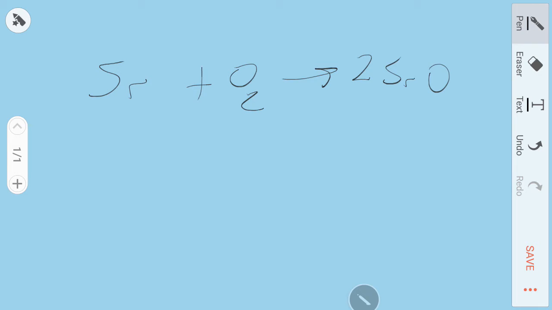Now in my rules, balancing isn't really a big issue, but we could put the coefficients here anyway. If I look at this in redox reactions, we're looking for a change in charge. According to my rules, strontium, which is just an element that's alone, will have a charge of 0 here. Oxygen, which is a diatom, has a charge of 0.